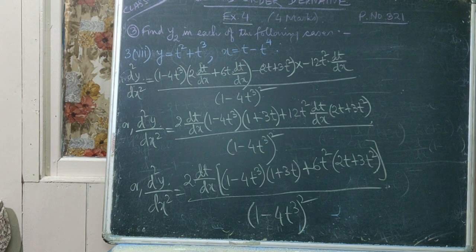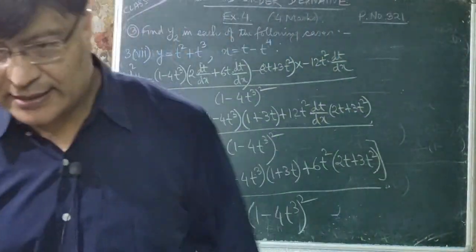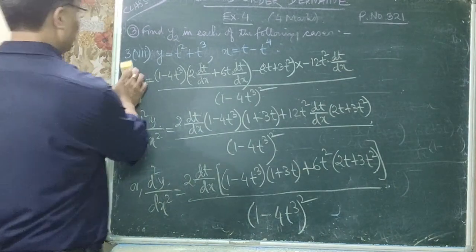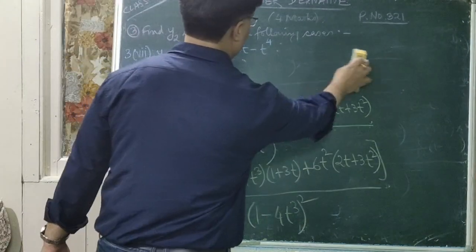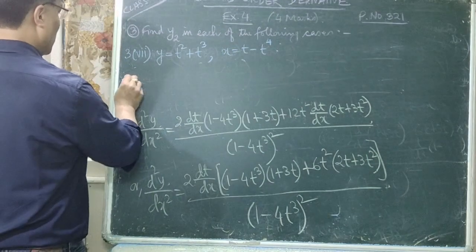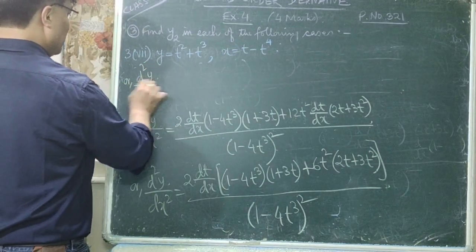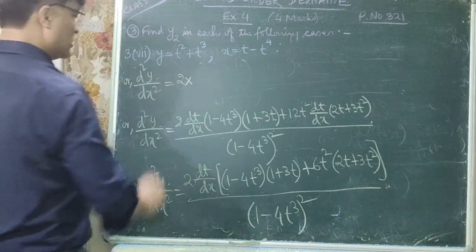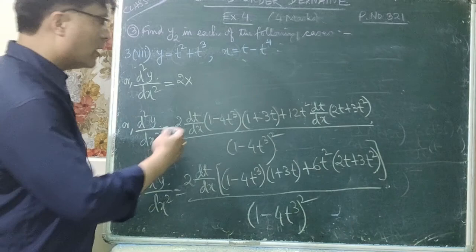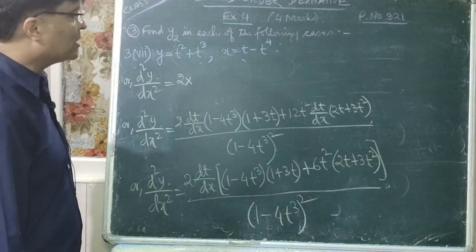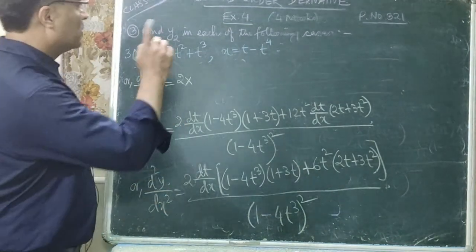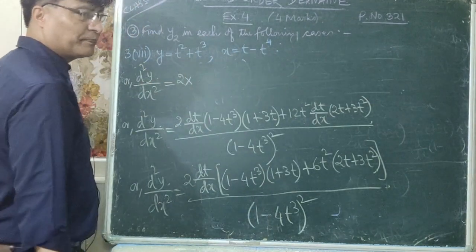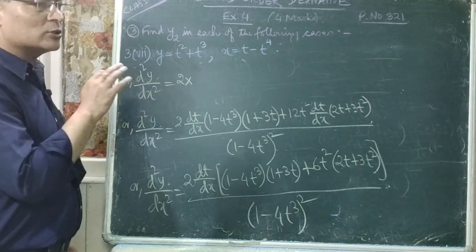So now let's simplify it again, and you can put the value for dt by dx in this case. d2y by dx square is equal to 2 into what was dt by dx. Earlier we can check what dt by dx actually is. dx by dt was 1 minus 4t cube, isn't it?